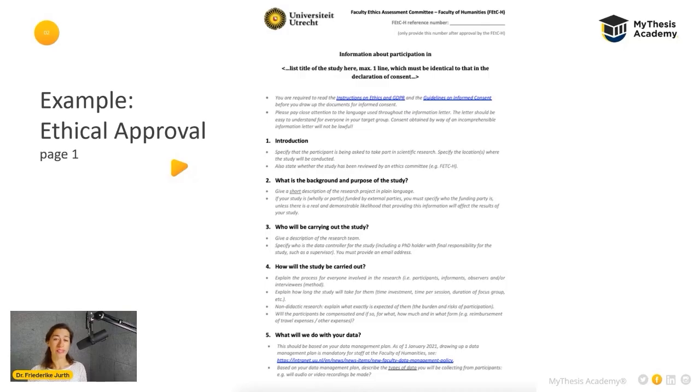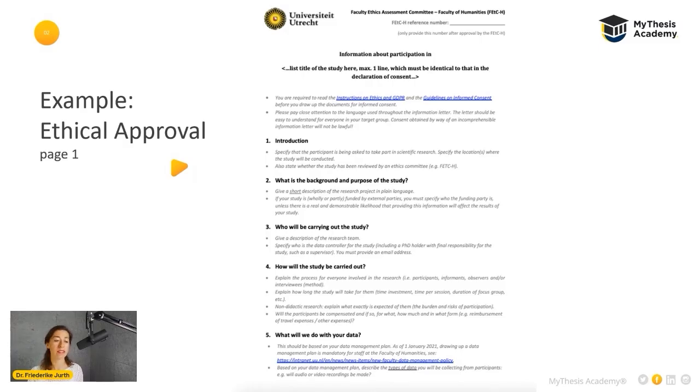Then you also need to define the compensation of the participants. So if they are compensated in any kind of way, and also for what, and if they are compensated in an economic and financial way, then how much, or if it is another kind of compensation, then what form.